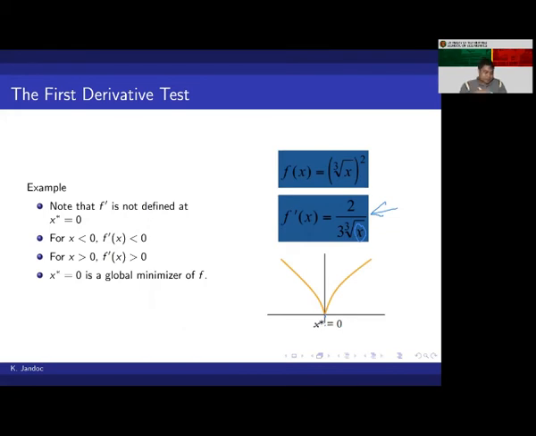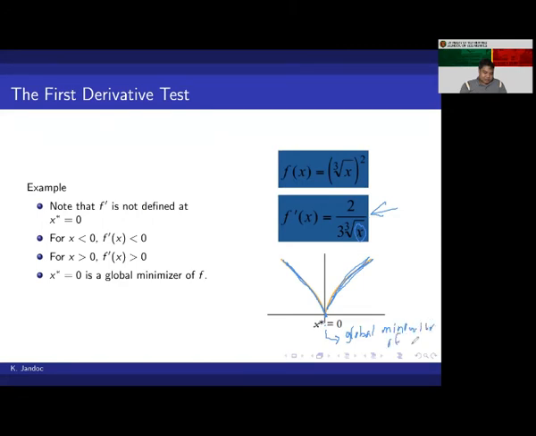But still, we can use the first derivative test. At any x less than 0, you see that the tangent lines are downward sloping, or equivalently the function is decreasing, and to the right of x star the function is increasing, or the slopes of the tangent lines are positive. Then we say that x star here is a global minimizer of f.